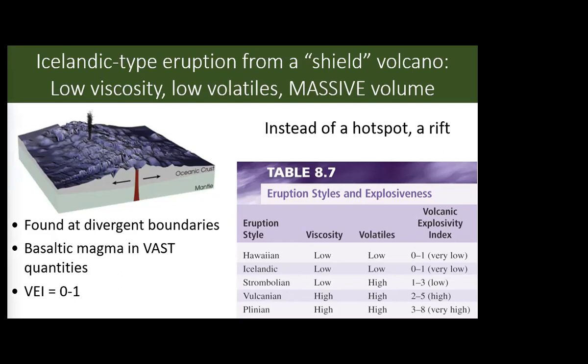Alrighty, let's finish this up. So we talked about different types of volcanic landforms. We talked about shield volcanoes in Hawaii. This is an example of a shield volcano in Iceland.